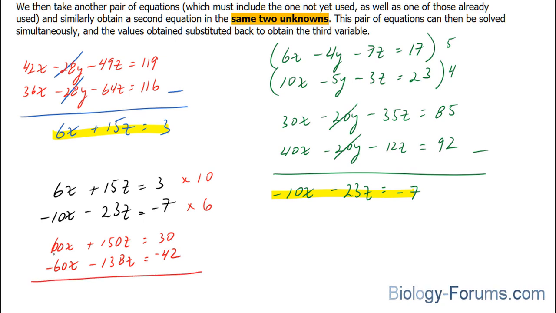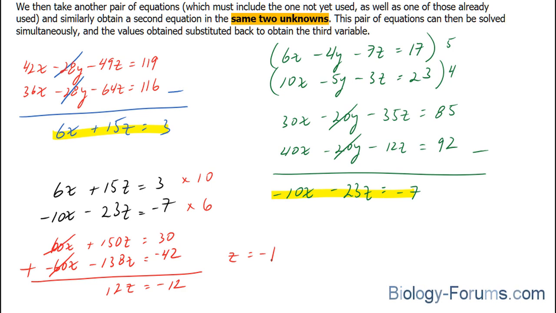Which operation should I use to eliminate the x's? If you chose plus, you are correct. The x's are gone. These two added up is equal to 12z. These two added up is equal to negative 12. And if we solve for z, we end up with negative 1. So we found our z value.